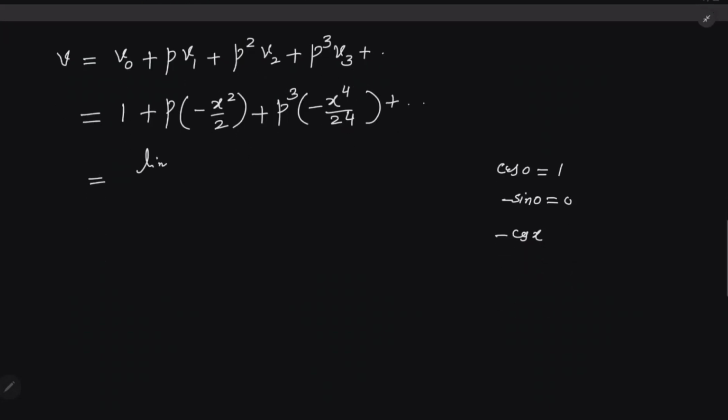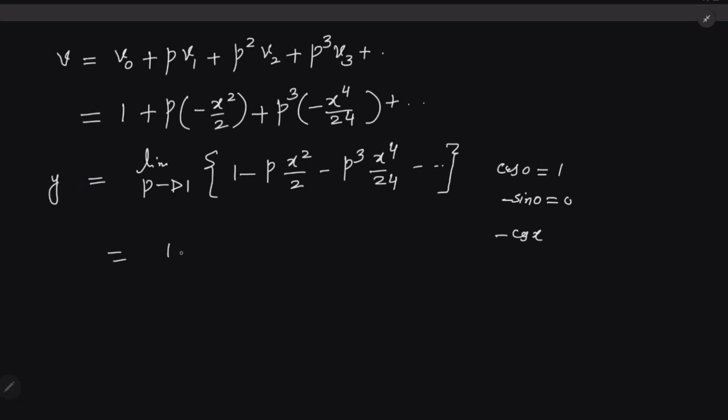So limit p approaches 1, 1 minus p x squared by 2 minus p cube x4 by 24, and so on. And here, when p approaches 1, you get the solution of your differential equation. And we get 1 minus x squared by 2 minus x4 by 4 factorial, and so on.